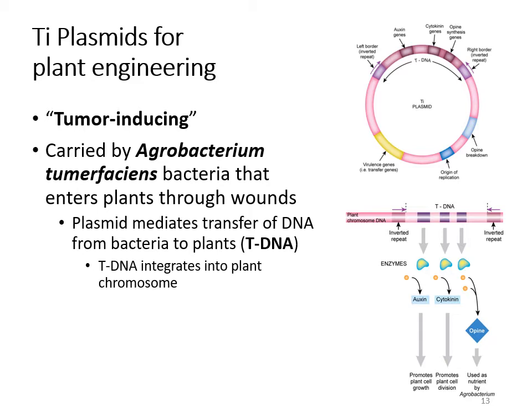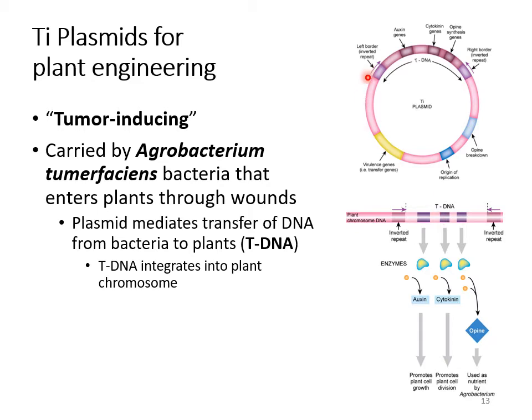Okay? Now, we can then use these plasmids in genetic engineering because if this bacteria has the plasmid, which mediates transfer of DNA segments into plant cells, well then what we can do is we can cut out those genes for the tumor induction and instead put our own genes in there.